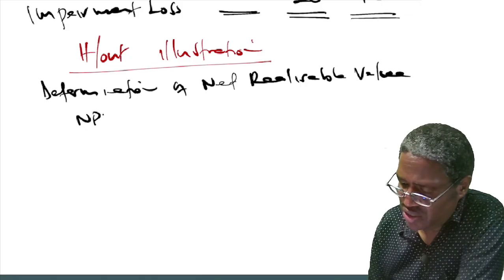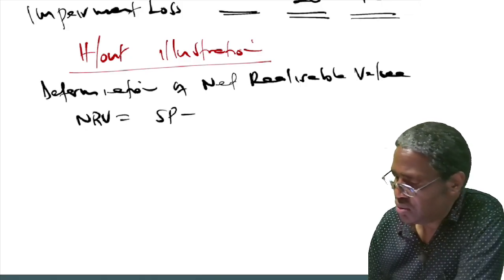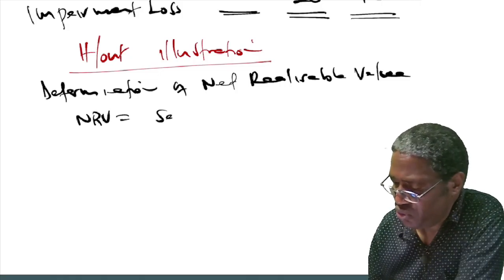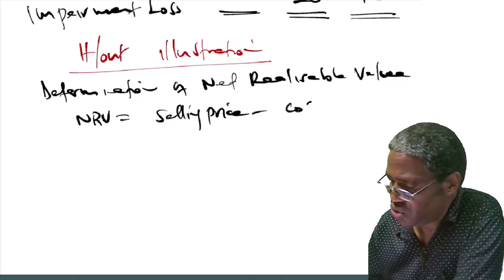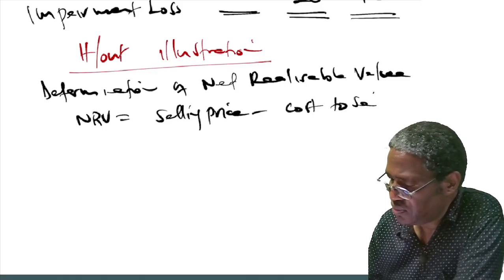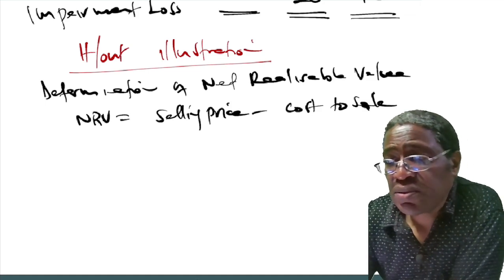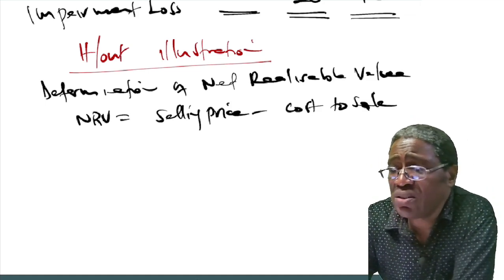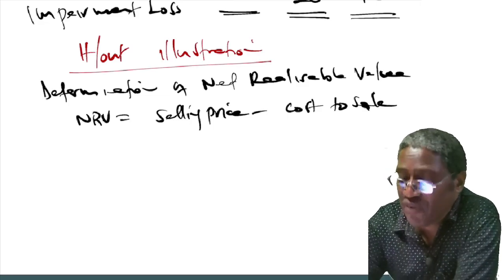So you can see your net realizable value is equal to selling price minus costs to sell. We were given by note number 1 that the plant would be sold for 5.6 million.